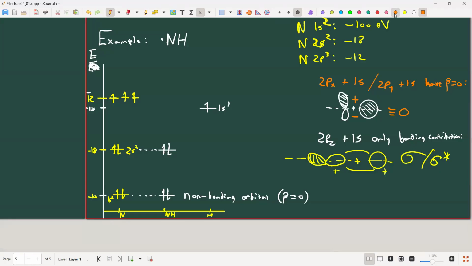So what we would expect from our molecular orbitals is that we get two non-bonding orbitals, which are from our px and py. And then we get a very slight mix of 1s and 2pz, where beta is small, so the shift is small.